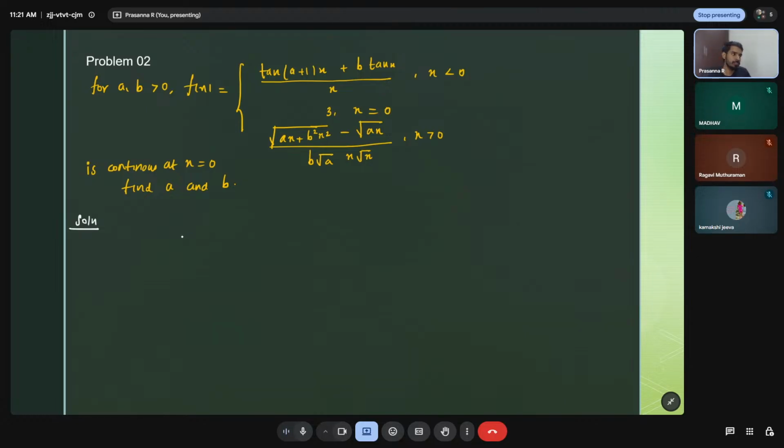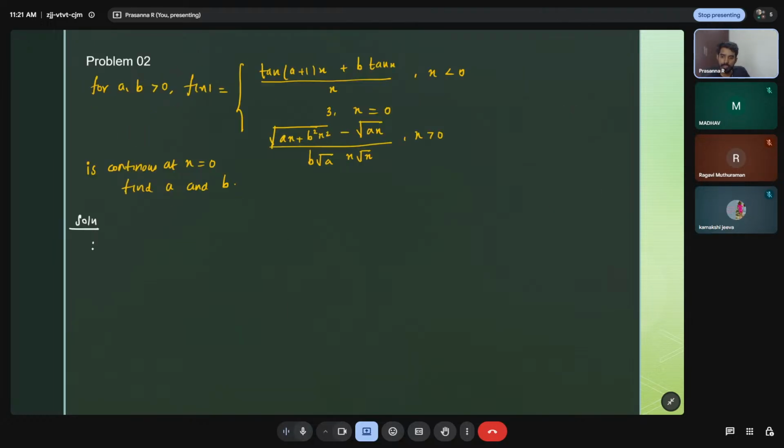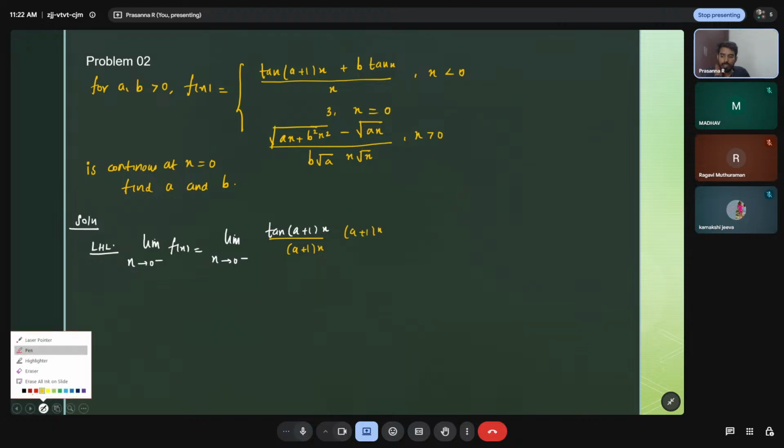Since it is continuous at 0, your LHL, RHL and function value, all three are equal, right? So first we will find LHL. The limit as x tends to 0 minus of f of x. On the left hand side, your function is tan of (a plus 1)x plus b tan x, divided by x. So you multiply and divide by (a plus 1)x, and for b tan x you multiply and divide by x.